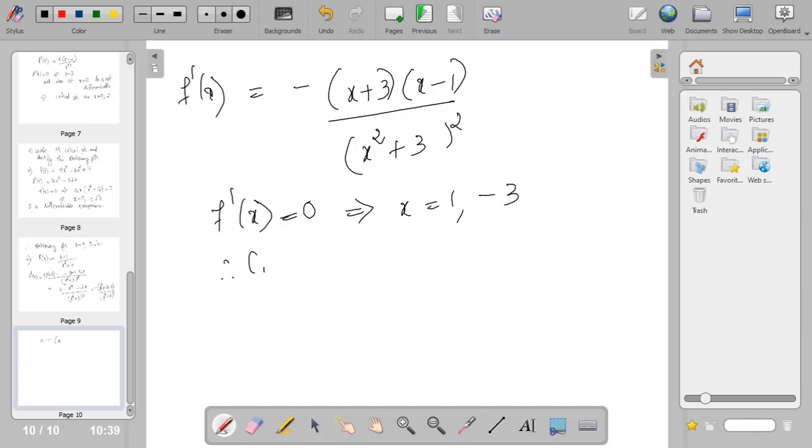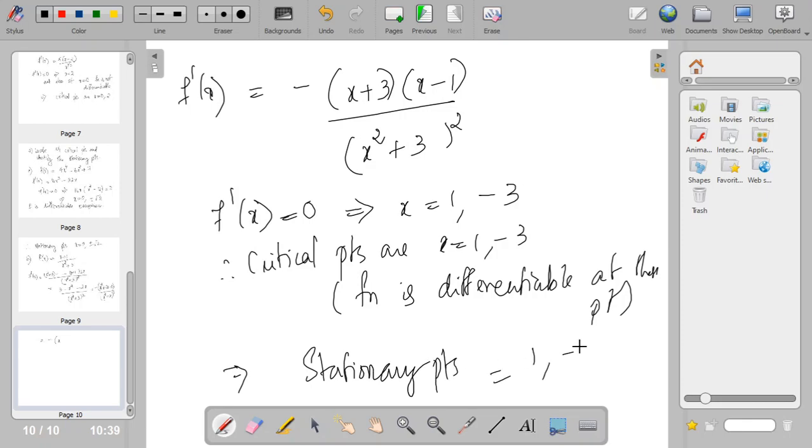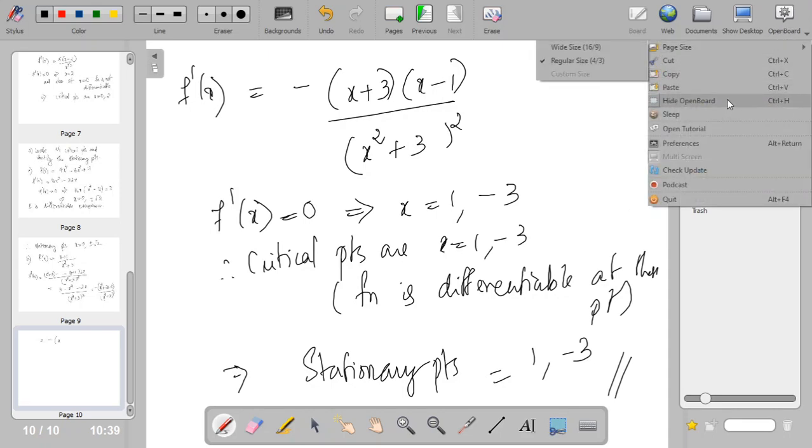So the critical points are x equal to 1 and minus 3, and the function is differentiable at these points. So they will be the stationary points also. So the stationary points are 1 and minus 3. So that is the required stationary points. With this we will conclude today's class. Thank you.